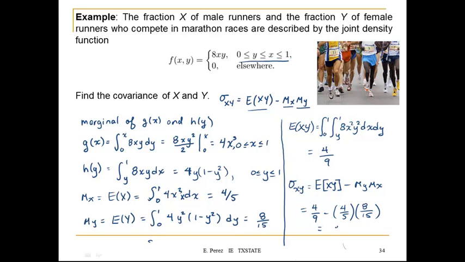This is equal to 4 over 225. As you can see, using your calculator, this is very close to 0. That means there's a covariance of 0 or close to 0 for this relationship, so you can say that the fraction of male runners and the fraction of female runners are independent, or these two random variables are independent.